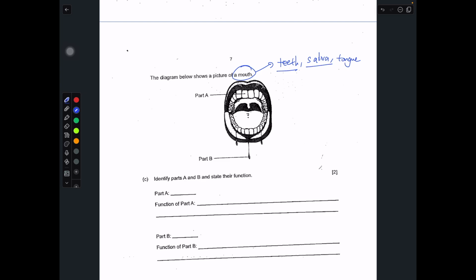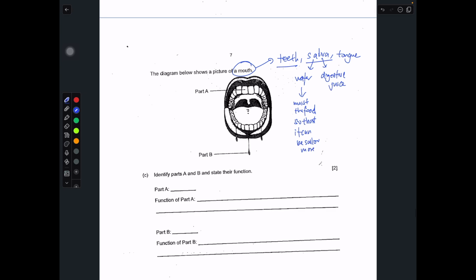And the saliva, it comprises two things: the water and the digestive juices. So it can do what? It can moisten the food so that it can be swallowed more easily.